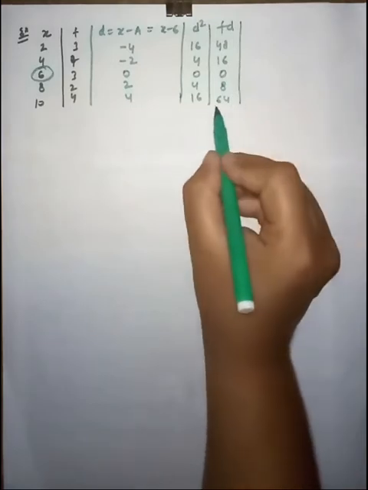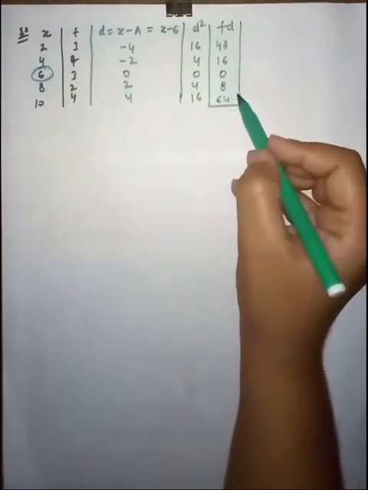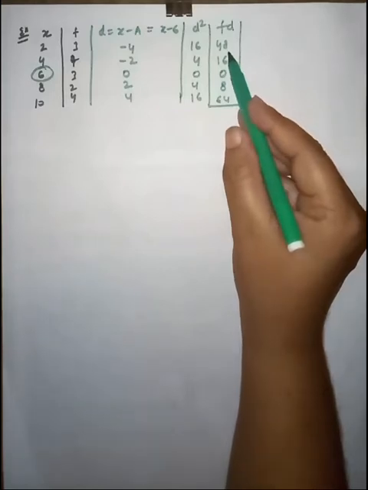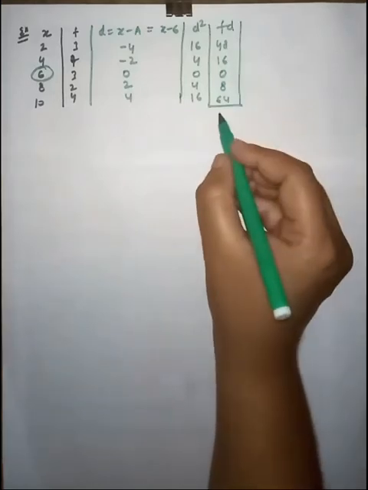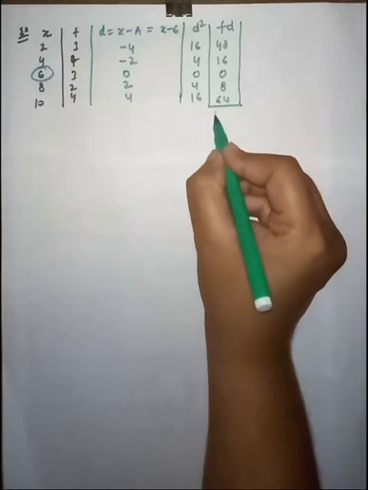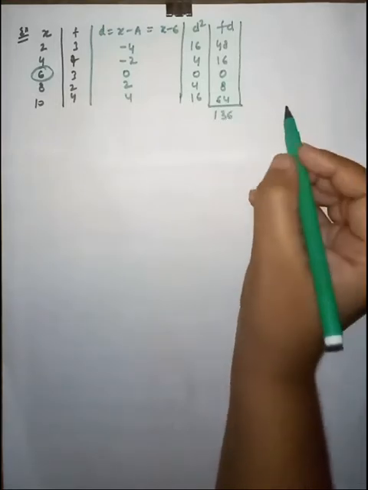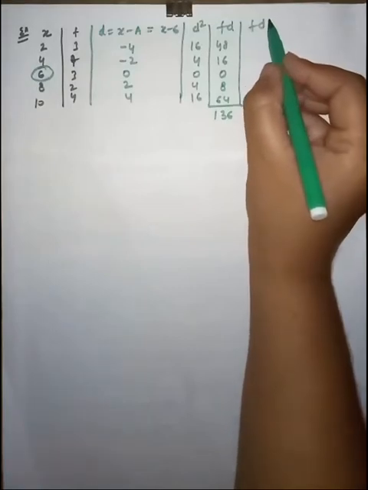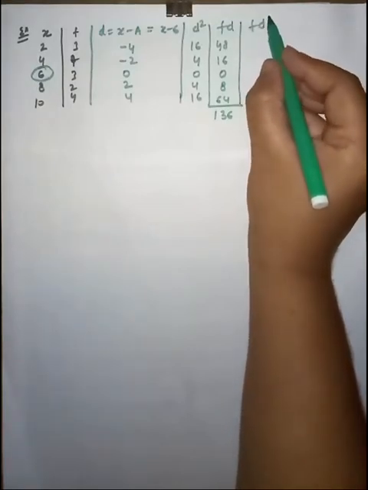Now add these. This value comes to 136. Right? Now again find the value of fd square.